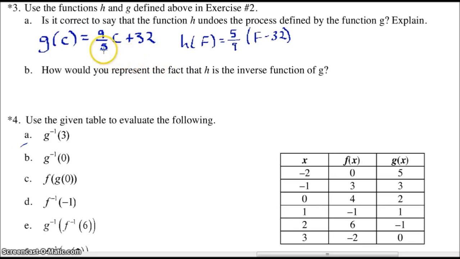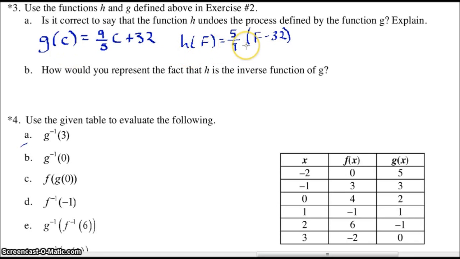Notice that if we look at g, it takes the Celsius temperature, multiplies by 9/5, then it adds 32. Then h undoes that process. It subtracts 32, and then it multiplies by the reciprocal of 5/9, which is the same as dividing by 9/5. So it undoes what g did.